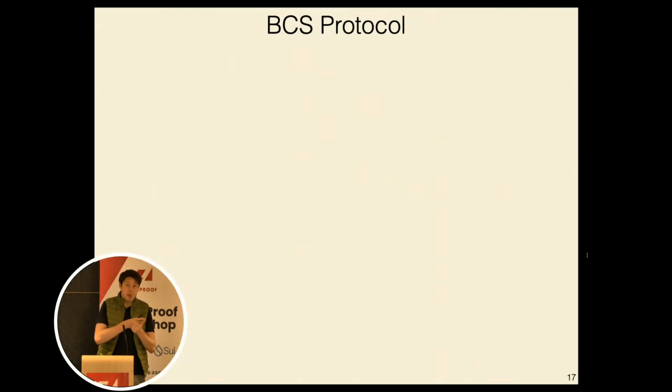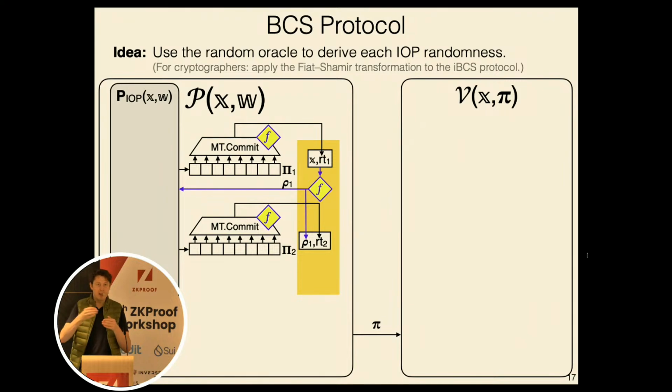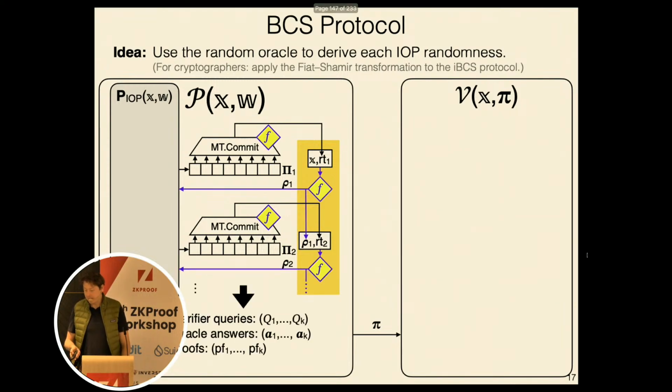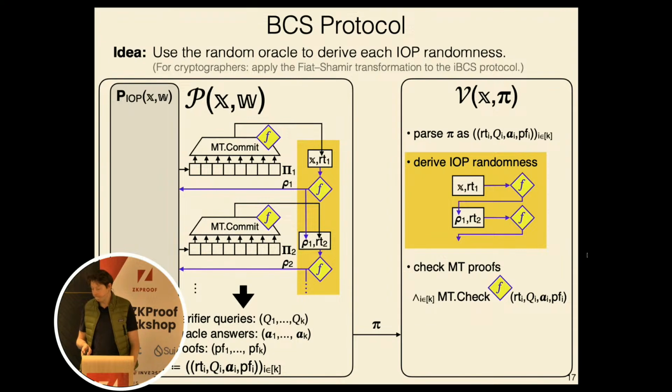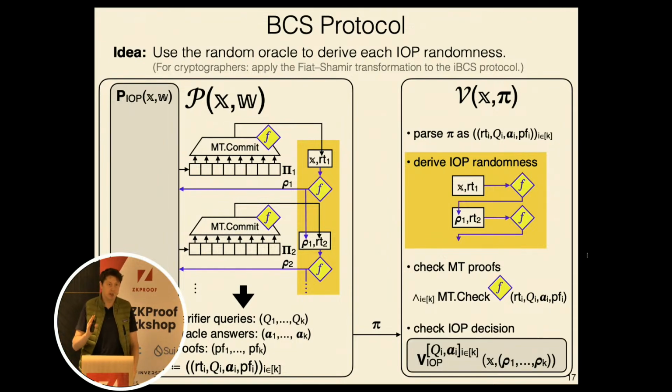So we want to use IOPs, but we also don't want to have the interaction associated to them, okay? So this leads to a hash chain to produce the next message, which will produce the next PCP, multi-round Fiat-Shamir, okay? So again, a small diff is the construction that you would use in practice.